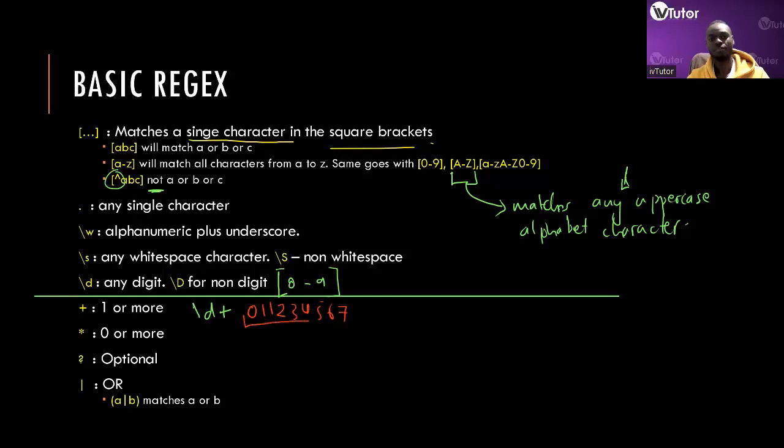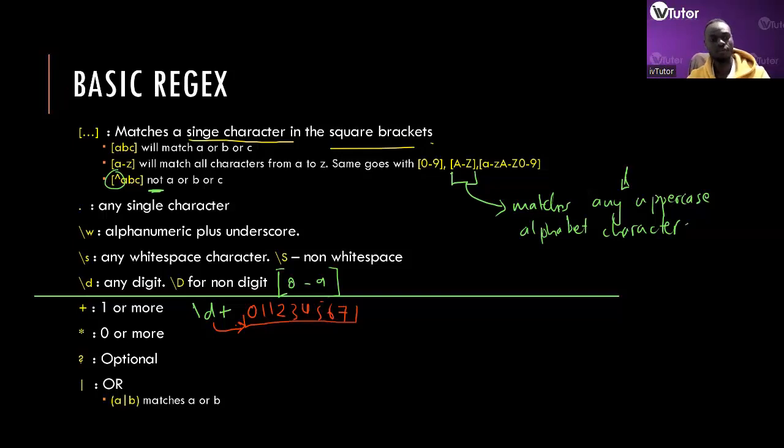This now can be identified as one match according to this regular expression. \d+ simply means match at least one digit, right? Which means it's going to match as long as we've got one or more numbers, and that whole thing becomes a match. So plus means at least one or more.